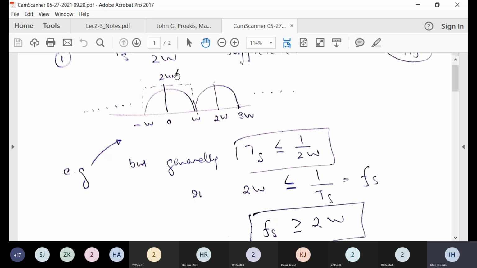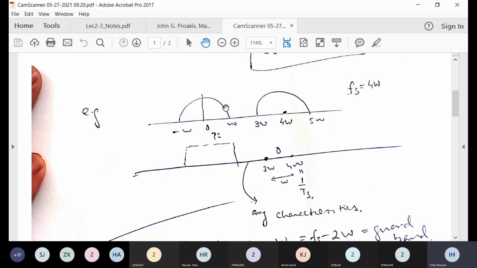So here you can see that your W dash is actually equal to W, because with this you can get back your original signal and it will have no replica coming in this bandwidth. But normally we place the replica far apart so that you have a distance, which is most of the time called the guard band, as you will be studying.